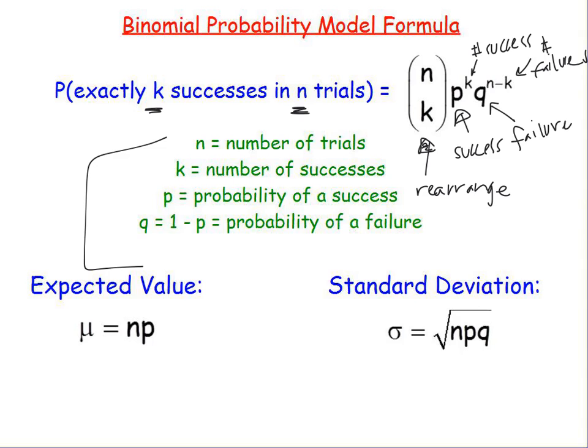This formula for expected value is extremely easy. If you remember, this is just a symbol for the expected value of X. We simply take N, the number of trials, times P, the probability of a success. The standard deviation is just the square root of N, number of trials, times P, success probability, times Q, failure probability.